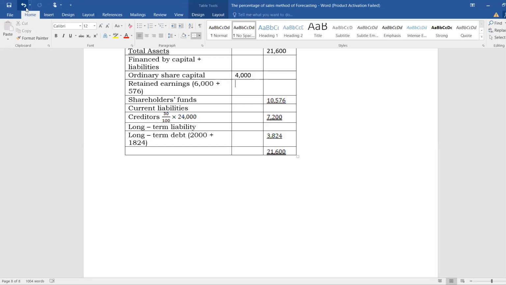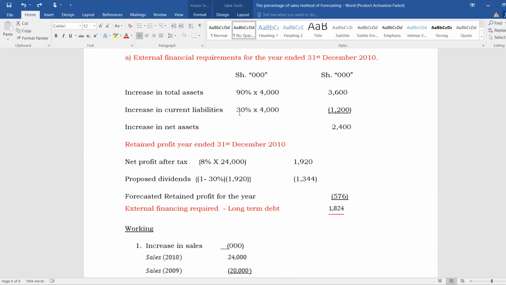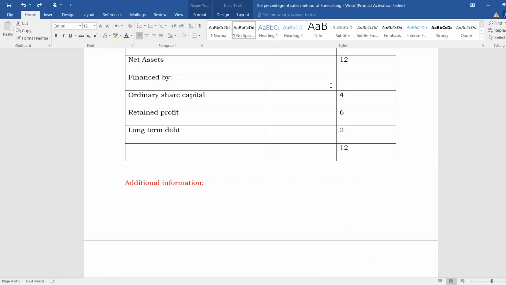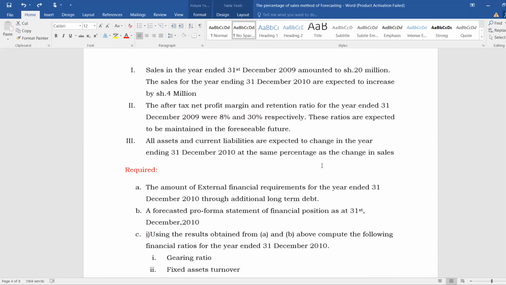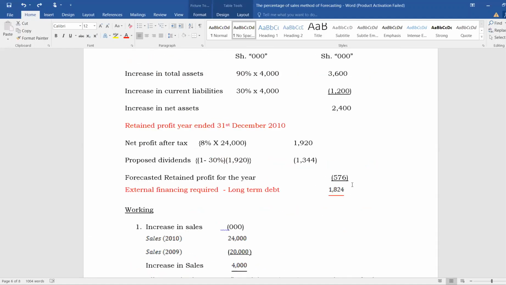4. Higher. Retained earnings. Currently, we have existing retained earnings of how much? Retained earnings currently 6 million, isn't it? Existing. Yes. Which are the additional retained earnings? The company retained how much extra? 576. Yeah, forecasted retained earnings is 576.